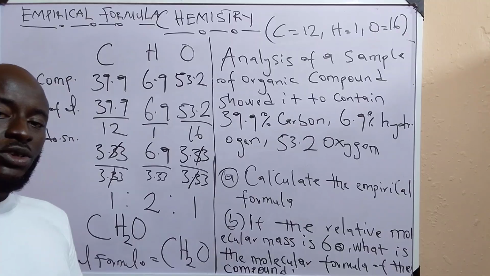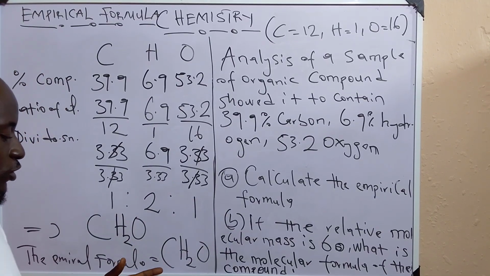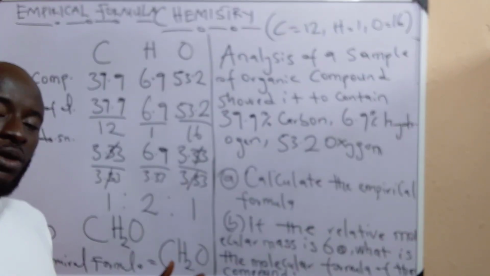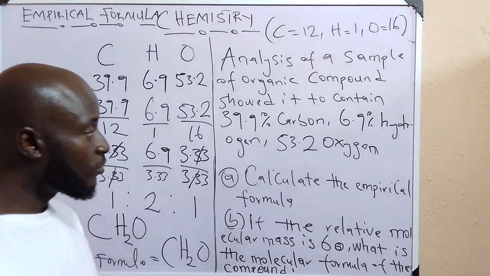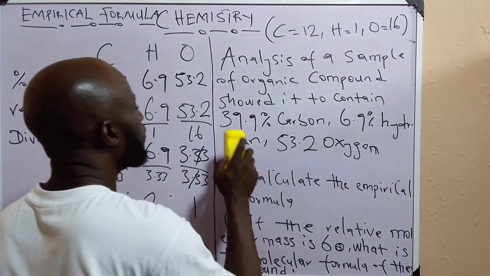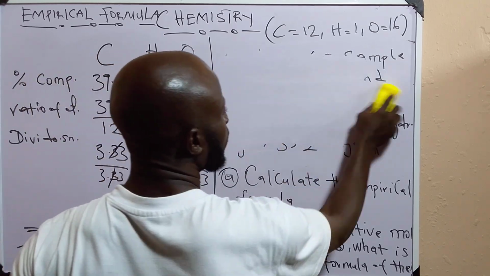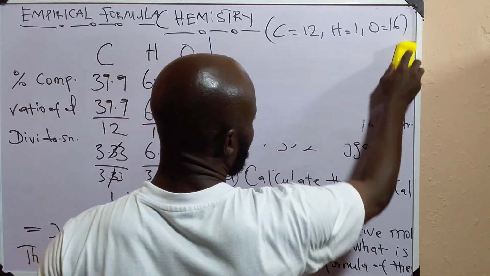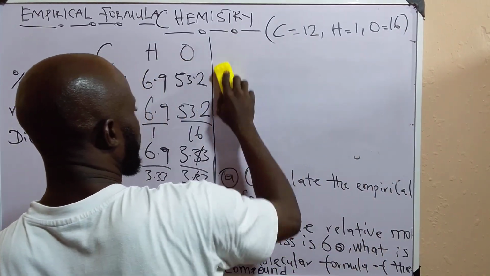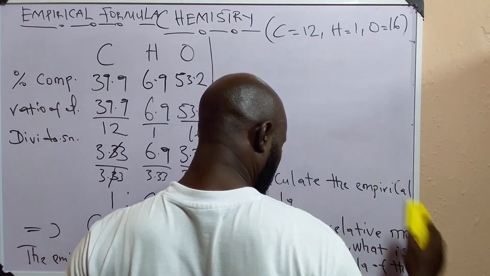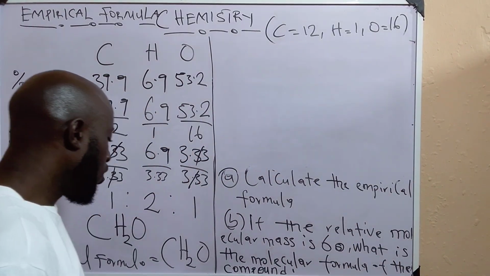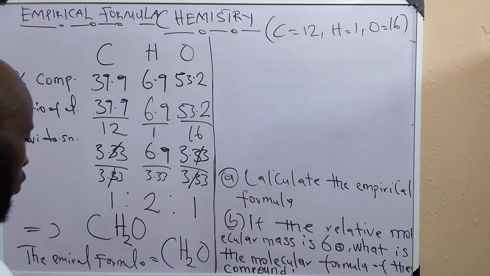For you to get the molecular formula is just a multiple of the empirical formula. It's very simple. Let me wipe up this side. Like what I told you, the molecular formula is a multiple of the empirical formula. This is what I mean.